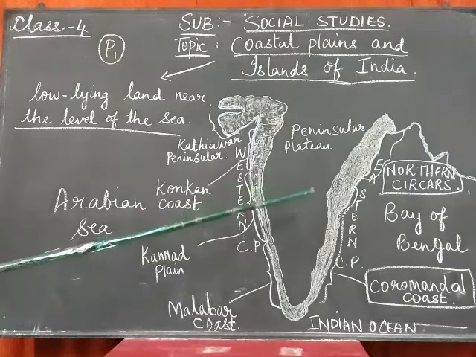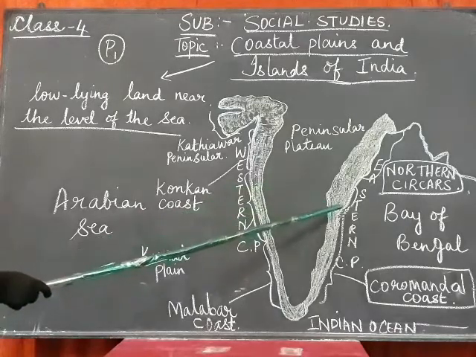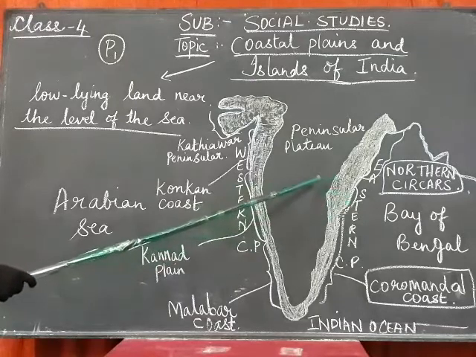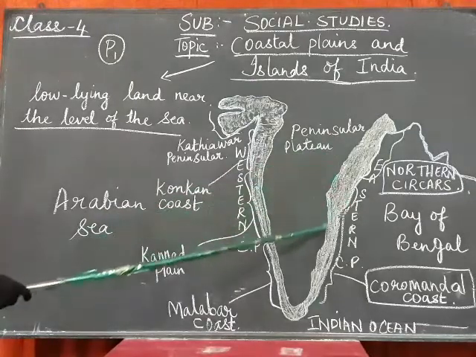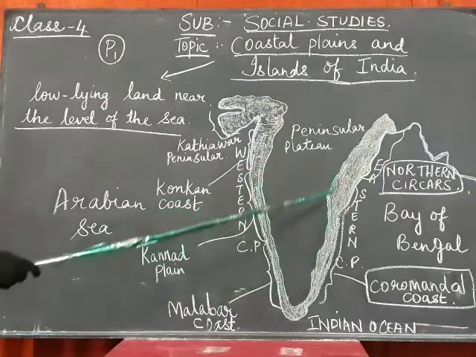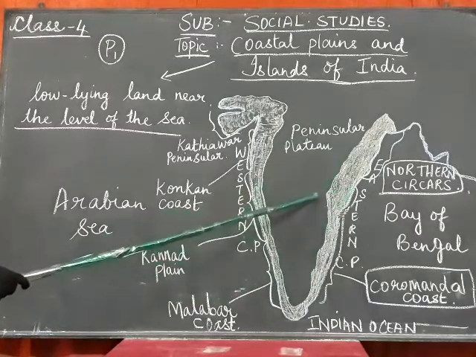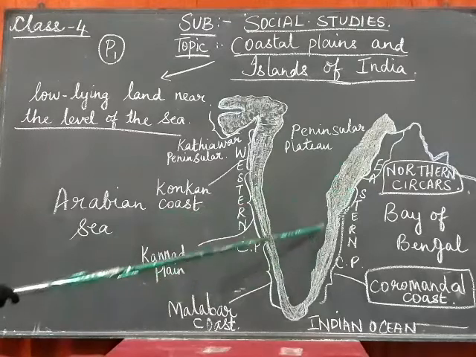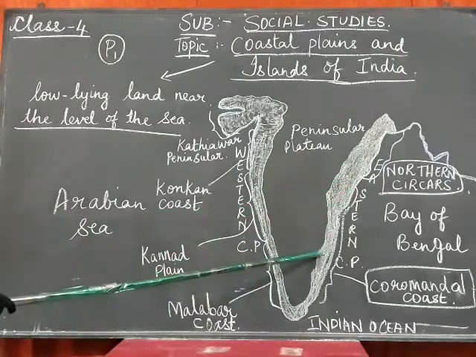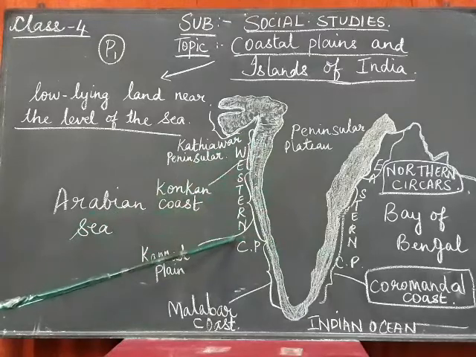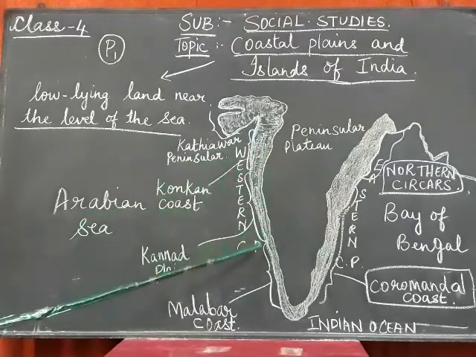And the eastern coastal plains start from the plains near the Bay of Bengal up to the Eastern Ghats, the area between the Bay of Bengal and the Eastern Ghats. These are the eastern coastal plains, and in the west are the western coastal plains. Have you followed till here?